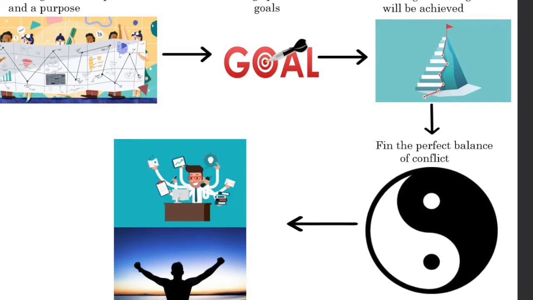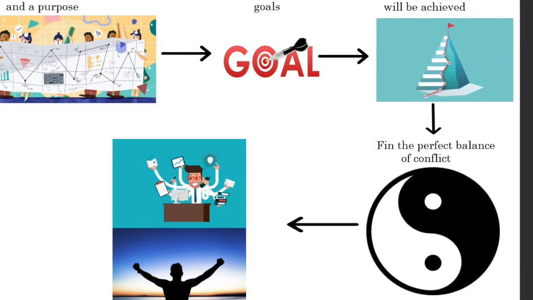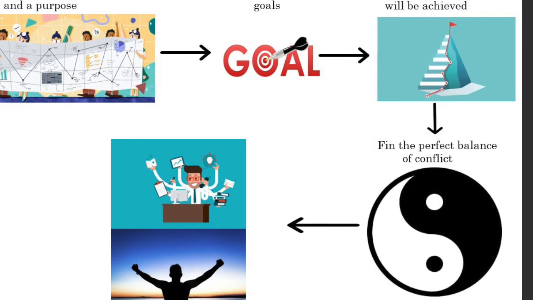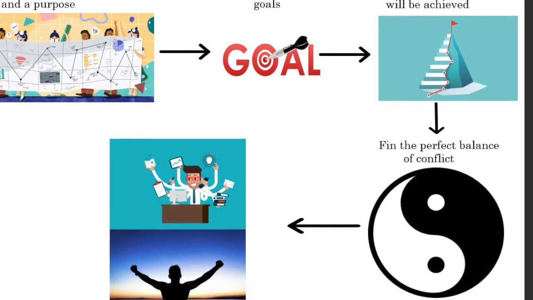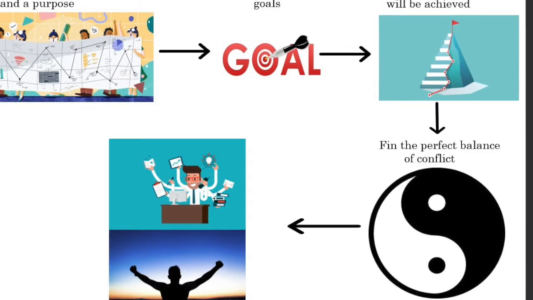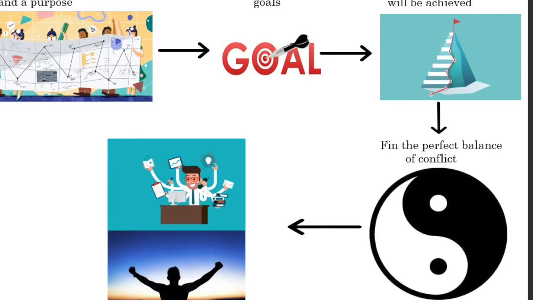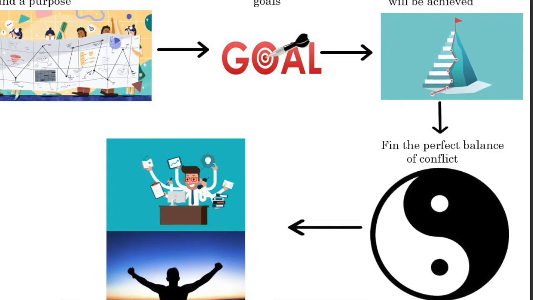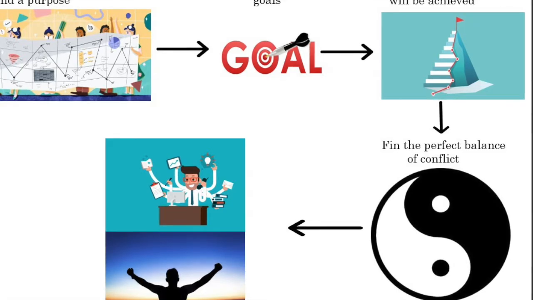Many times, we tend to believe that having conflict in a group might affect the performance of the group, but it's important to have the perfect amount of conflict because this opens a debate and many times it improves the ideas that we have for reaching a certain goal, or makes the group more flexible in case there's one problem with the plan.